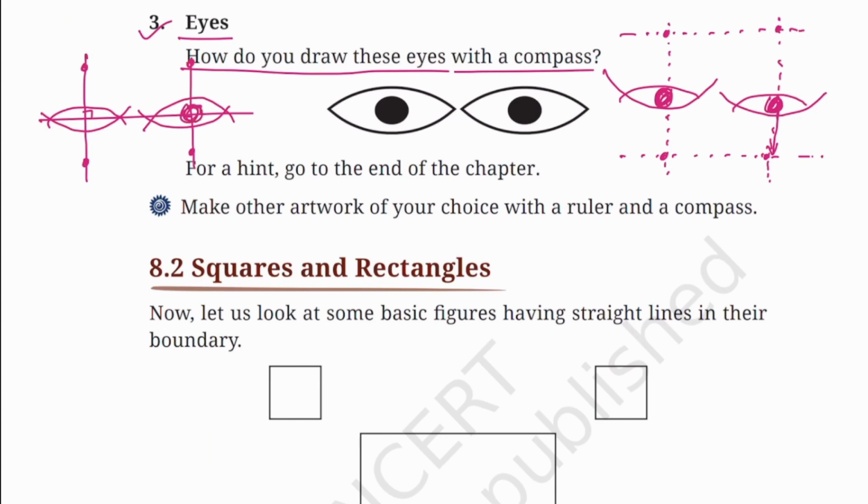Then you have to draw a dark circle in the center for the eye. For a hint, go to the end of the chapter. Make other artwork of your choice with a ruler and a compass.